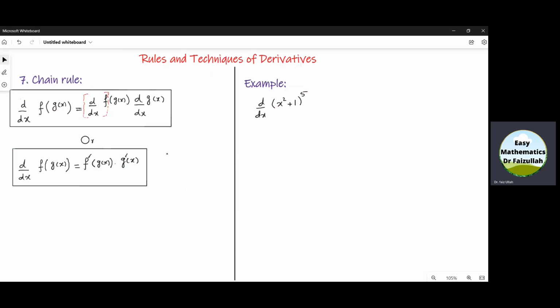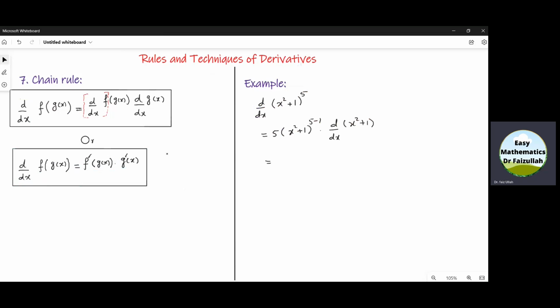Now to differentiate this function, first of all, we have to differentiate the outer function. So to differentiate it, we will bring 5 in the beginning, then x square plus 1 whole raised to power 5 minus 1 into differentiation of the inner function, which is x square plus 1.